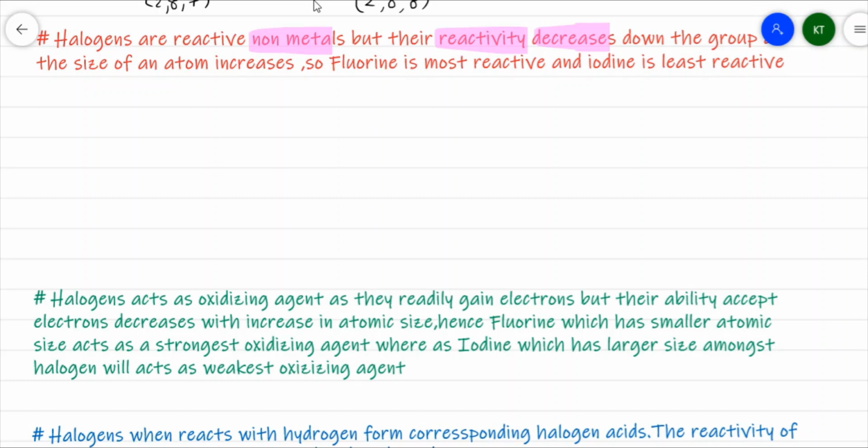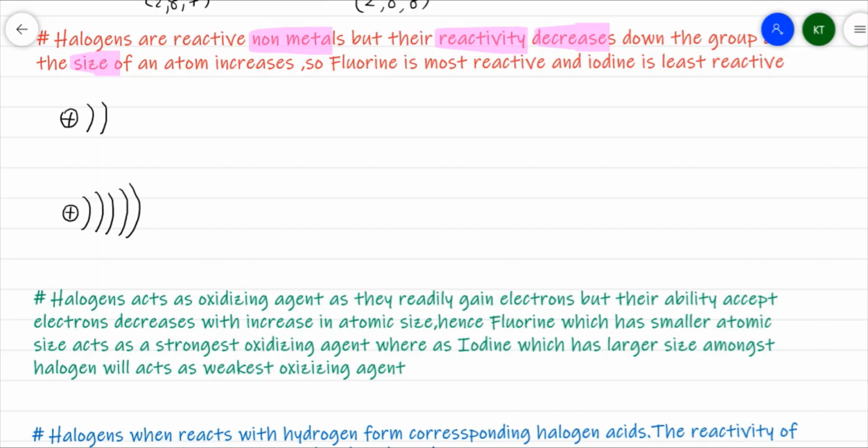As I move from top to bottom, the size of an atom increases. Let me draw the nucleus of fluorine, and it has two shells. And I have the nucleus of iodine. Among fluorine, chlorine, bromine and iodine, 5 shells will be there for iodine.